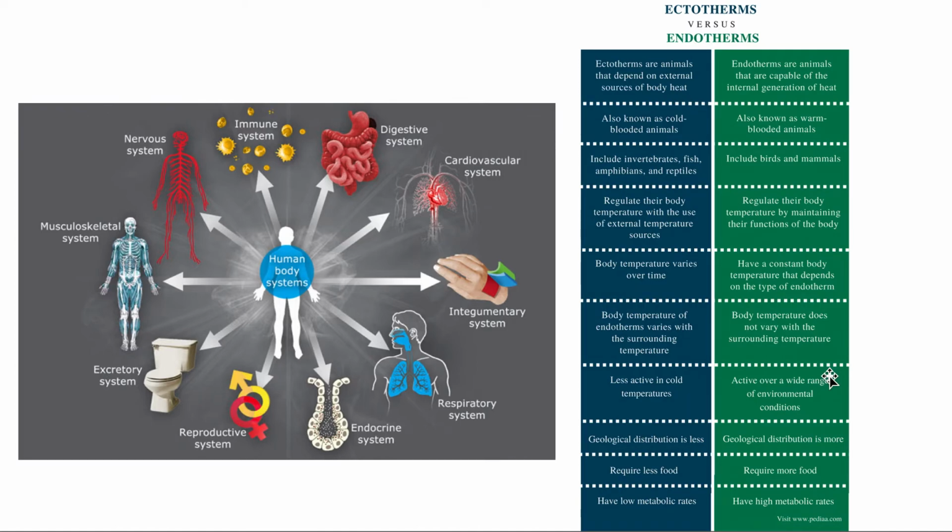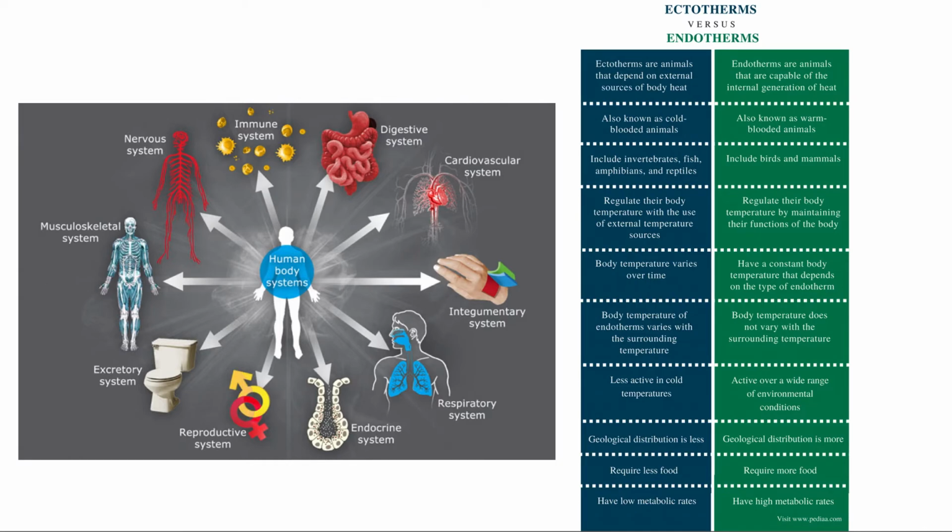So that's why endotherms are able to maintain their temperature, because metabolism is continuing to happen. Endotherms can live in a wide variety of environmental conditions, more geographically distributed, but they do have to eat more. These animals include birds and mammals.